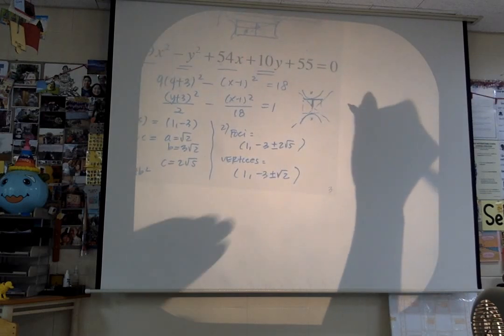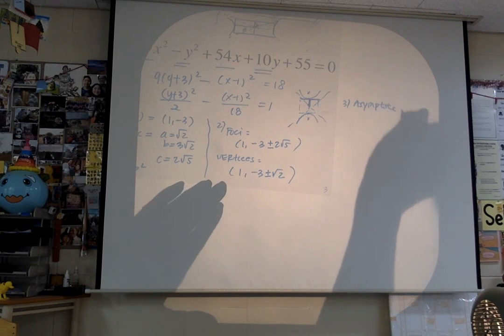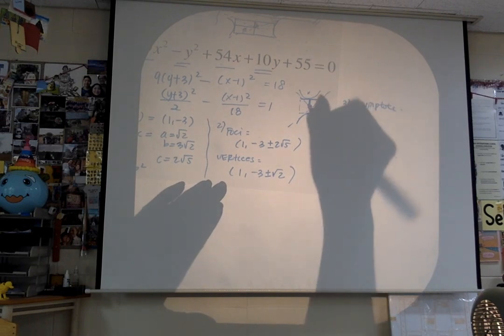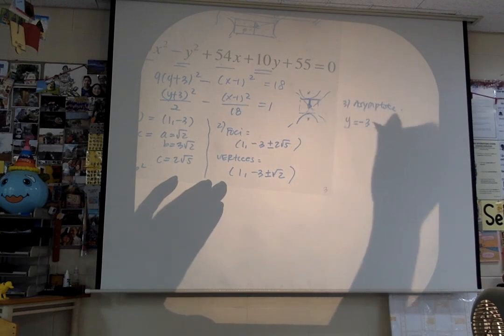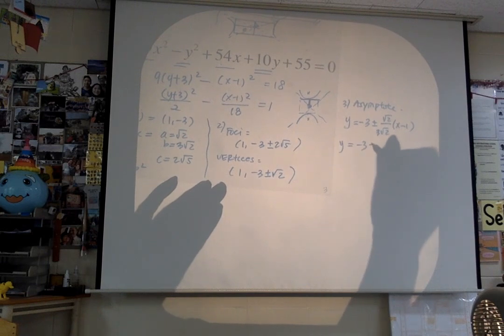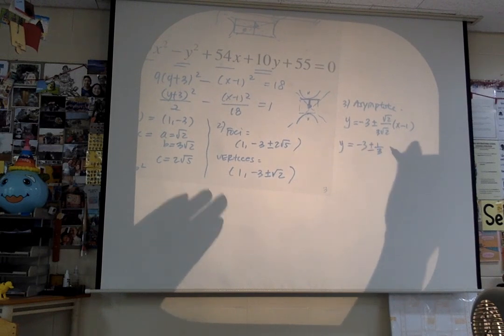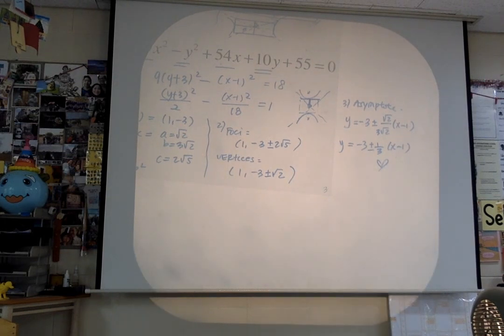So your asymptote equation, you should have got y equals, you start with the k, y-intercept, which was -3, -3 plus or negative, up √2, left or right, 3√2, x minus 1, which simplifies to -3 plus or negative 1 over 3, x minus 1. Check your answers, okay? All right, that covers 2 types of questions, but let's go over some other types of questions that you're going to run into, okay?